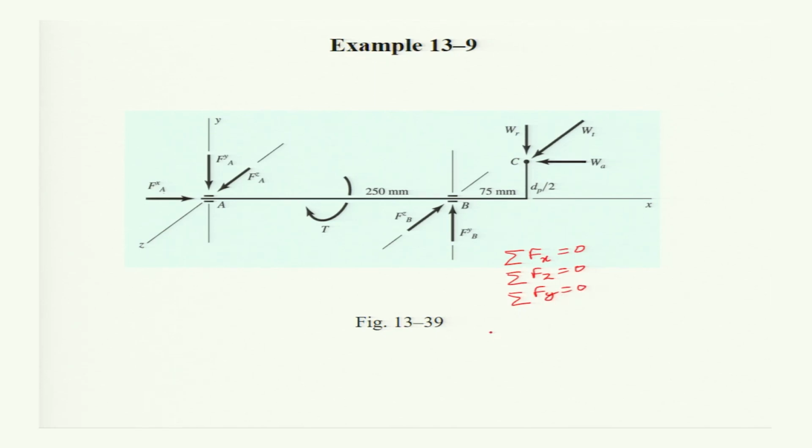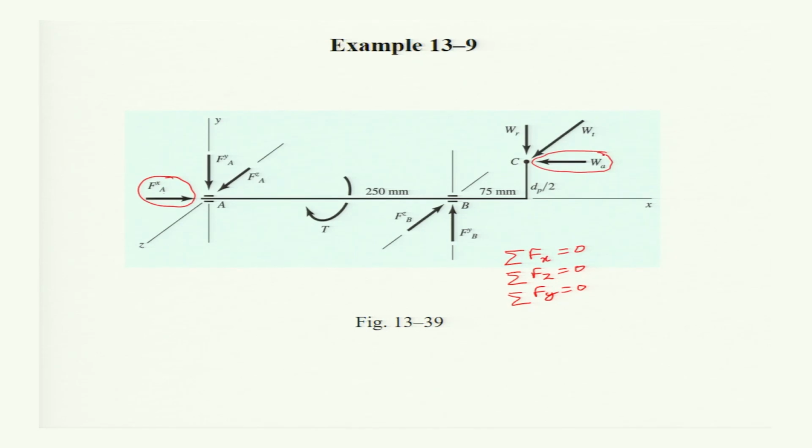The number of unknowns are 1, 2, 3, 4, 5, and this torque T, 6. So, 6 equations are required, but one of the unknowns you can directly find from the forces shown in this figure. In the direction of x, there are only this force and this force.